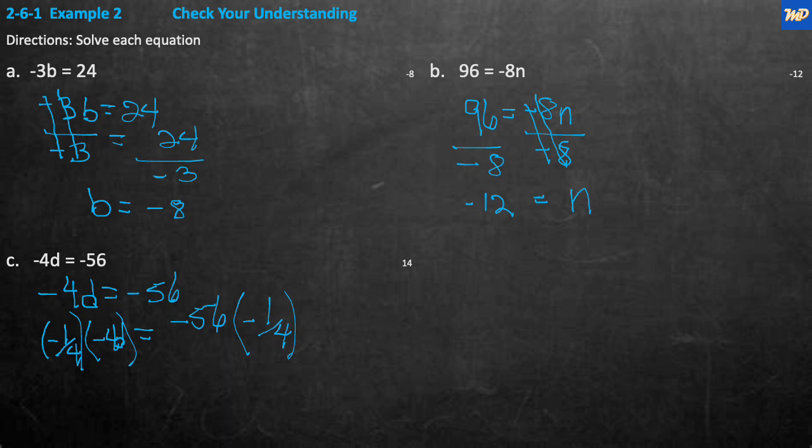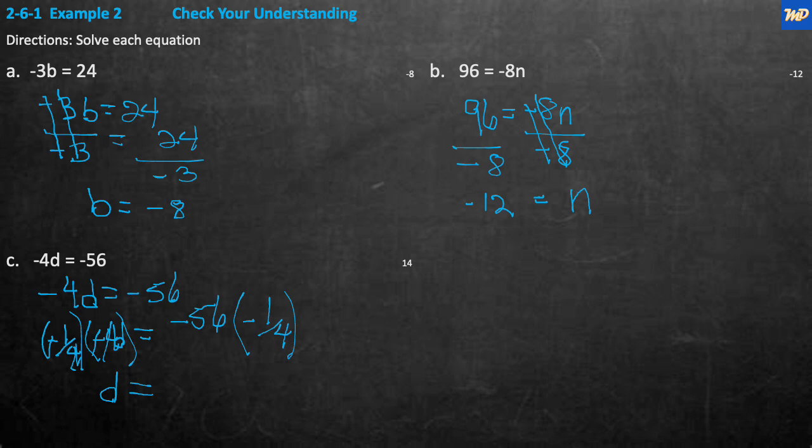Okay? We're just multiplying both sides by negative 1/4. Otherwise, the equation didn't change. I just multiplied the right and left-hand side by negative 1/4. When you do that, the 4's over here cancel because that's the purpose of doing this. And the negative signs cancel, so now we end up with one singular positive d.